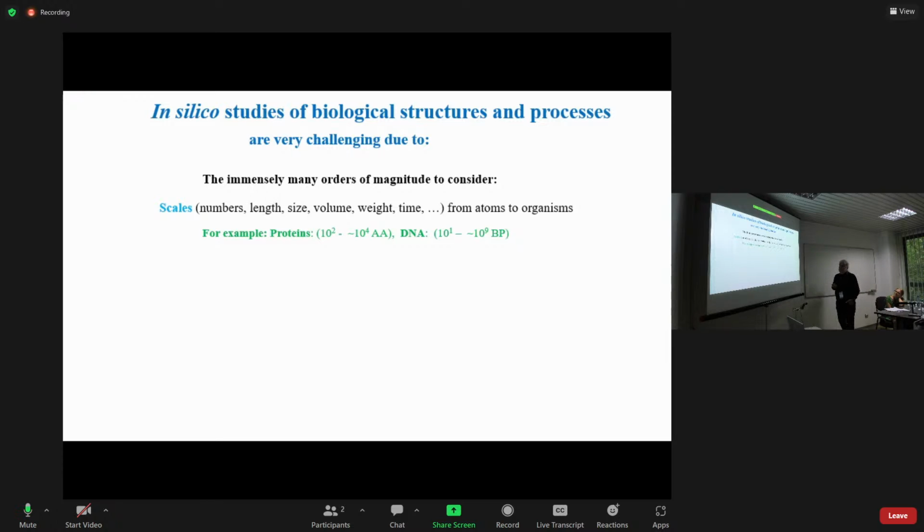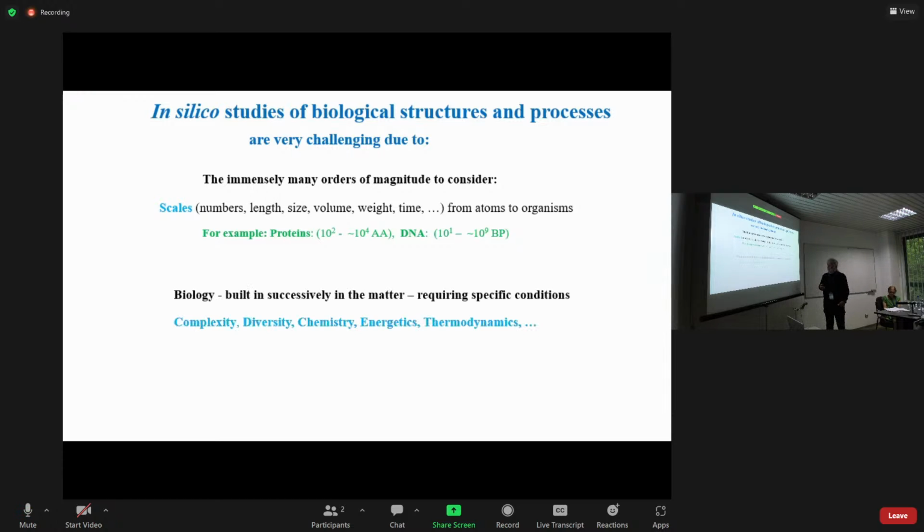And one is, of course, the incredible number of orders of magnitude in length and time scales and other scales. And then finally, it's the biology itself, which is built successively in the matter.